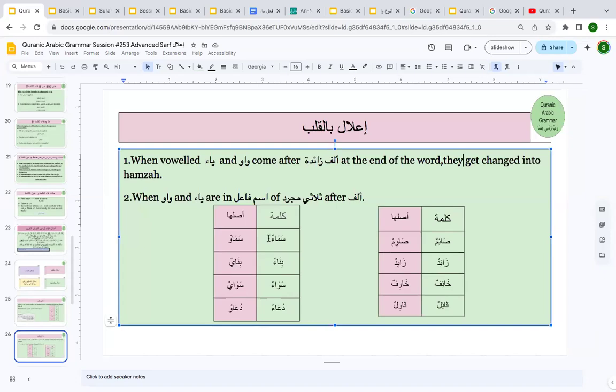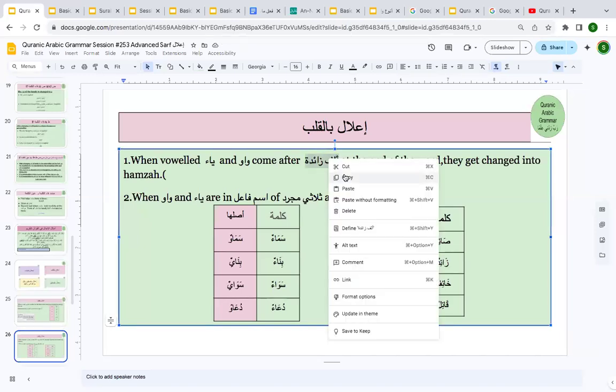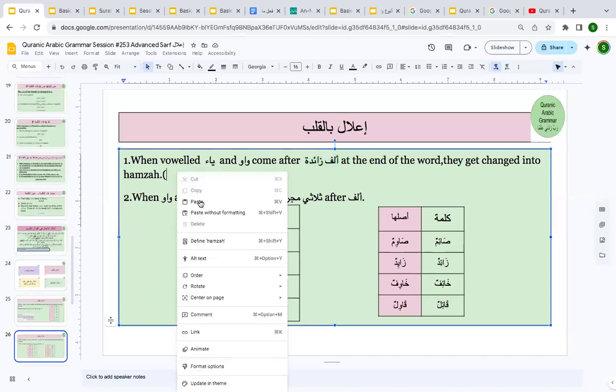What does it mean by alif zaida? What do you understand by alif zaida? That's a very good question, right? This alif is not a root letter. Very good answer for that. Okay, let's put it here so that it is easy for the rest of the sisters. Alif zaida means that this alif is not a root letter.